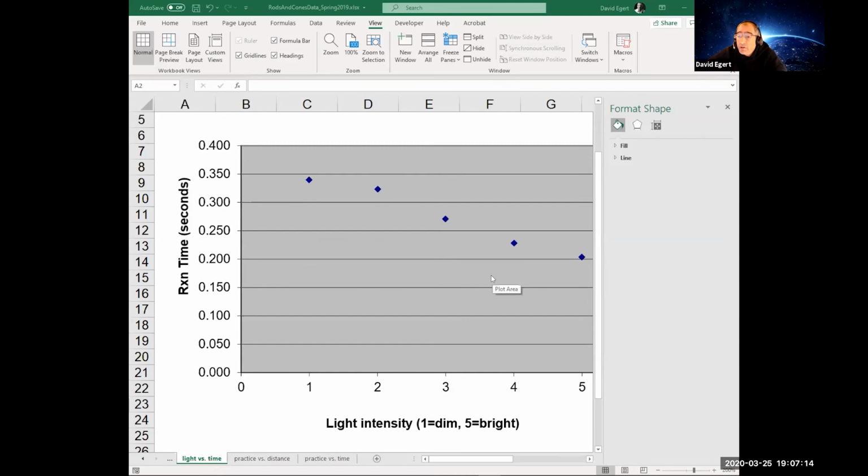So trying to avoid an obstacle while you're driving, that's a visual reflex. There's some visual stimulus and there's some response. And here we see that you have twice as fast of a reflex in bright light compared to dim light because the cones are responding way faster than the rods.